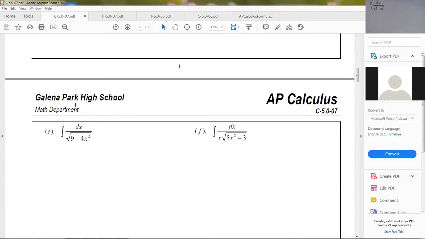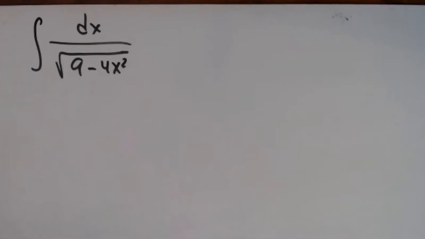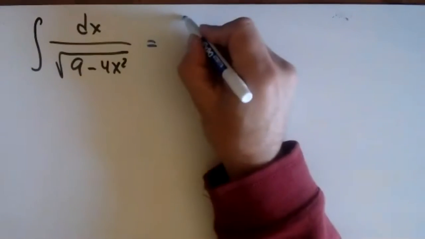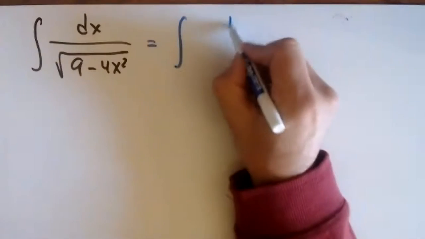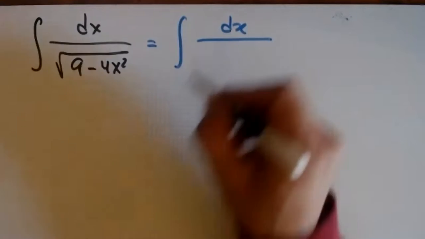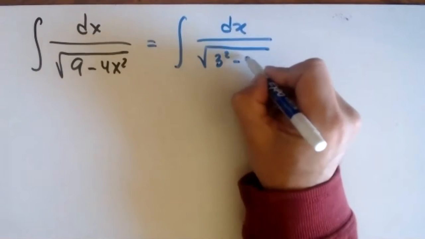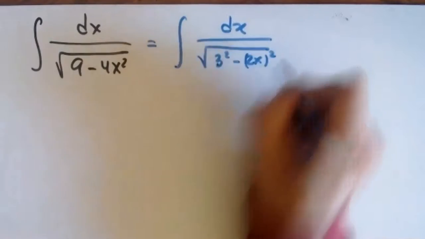So again, let me just go back to the screen. You're going to put dx, and then you remember that these are a difference of squares. So this is going to be the square root of 3 squared minus 2x squared.